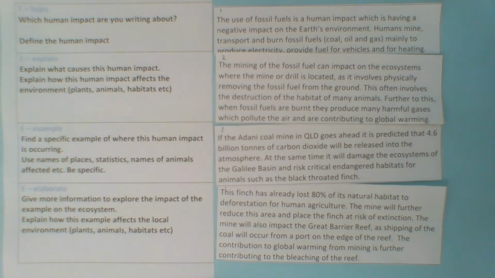The mine will also impact the Great Barrier Reef, as shipping of the coal will occur from a port on the edge of the reef. The contribution to global warming from mining is further contributing to the bleaching of the reef. So really going into that example now and pulling it apart a bit and demonstrating how this mine will actually affect the ecosystem and the animals.